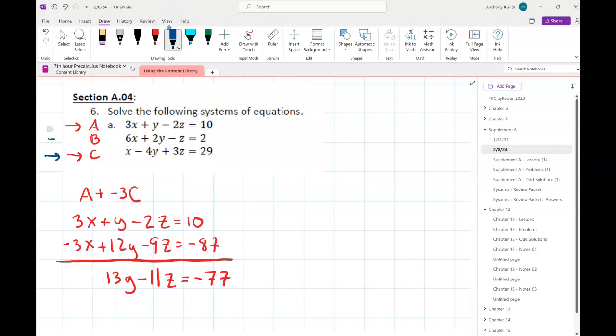Now, I'm going to eliminate the x's from equations B and C. What do I need to do to eliminate the x's from equations B and C?